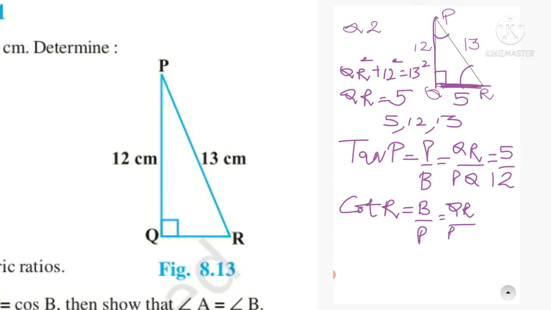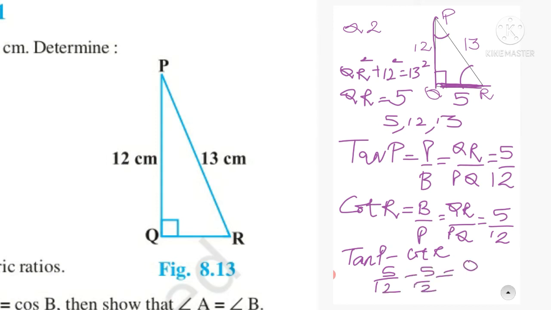And perpendicular is PQ. So my value again comes out to be 5 by 12. And when I put it in tangent P minus cot R, clearly I get 5 by 12 minus 5 by 12, that is 0 is the answer. I hope you understand this one.